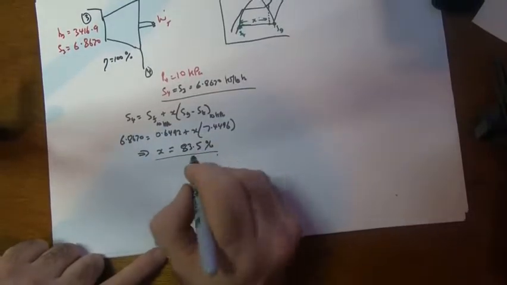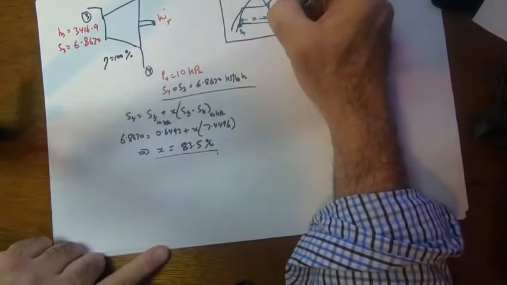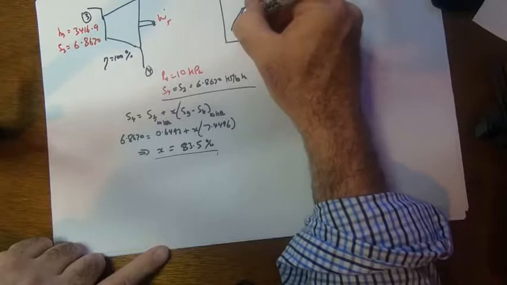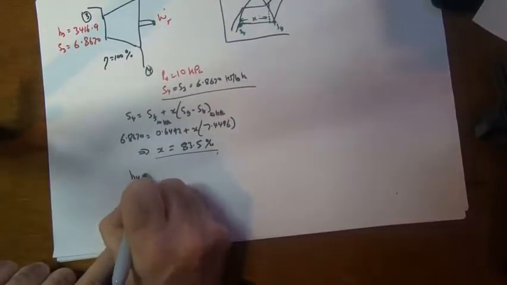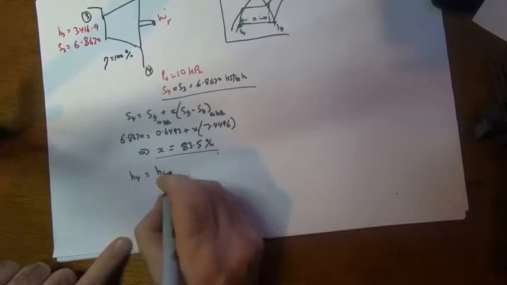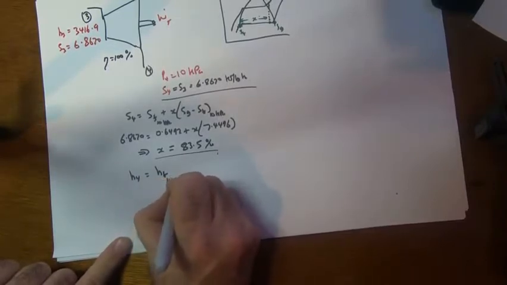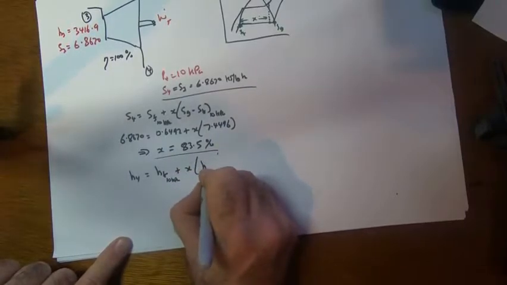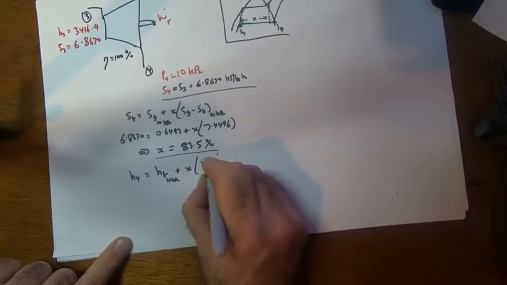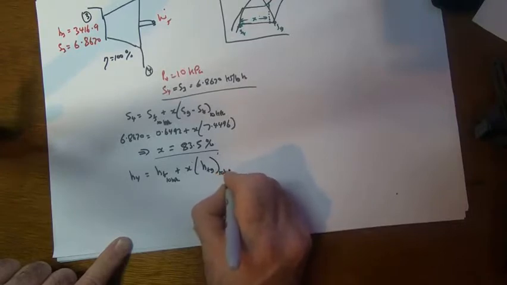What this allows us to do then is that the enthalpy at this point will also be X% of the enthalpy difference. So we can now find the enthalpy at 4. It's going to be the enthalpy of the fluid at 10 kilopascals plus X times the difference between the fluid and the vapor at 10 kilopascals.